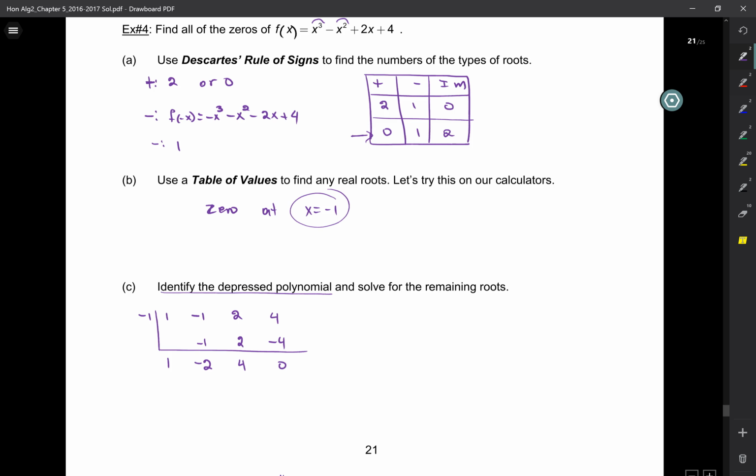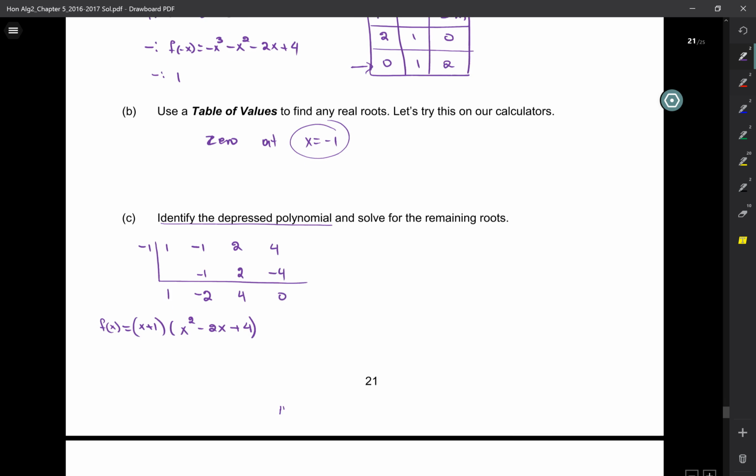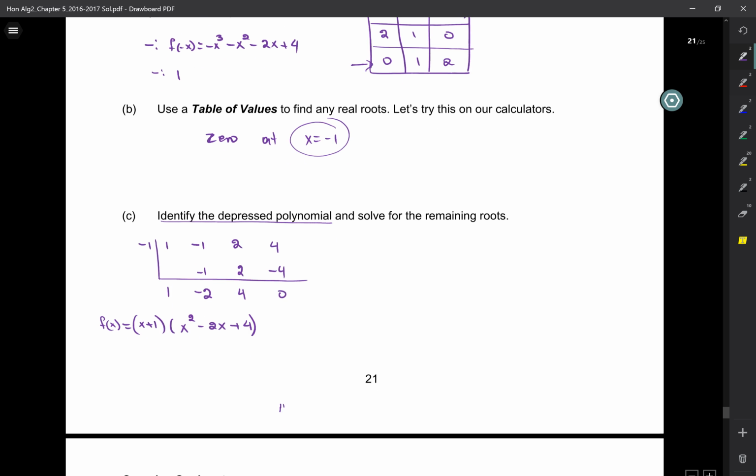How did you find that 0? I looked on the table on my calculator to find that 0. Okay, so here I get that f of x is equal to x plus 1 and from here I get x squared minus 2x plus 4.